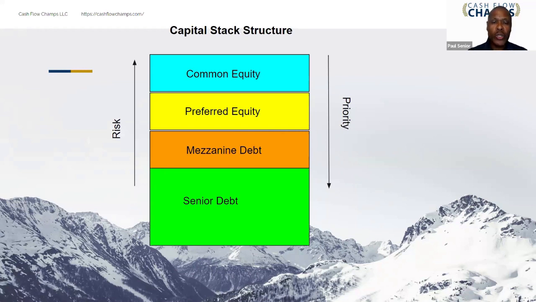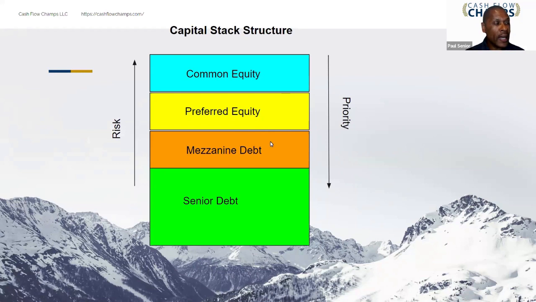Some similarities between the two: both the pref equity and the mezz debt provide supplemental financing, and both of them are subordinate to the senior debt. Both also have priority over the common equity, and you can see that the common equity is in the lowest priority position, like we mentioned before.